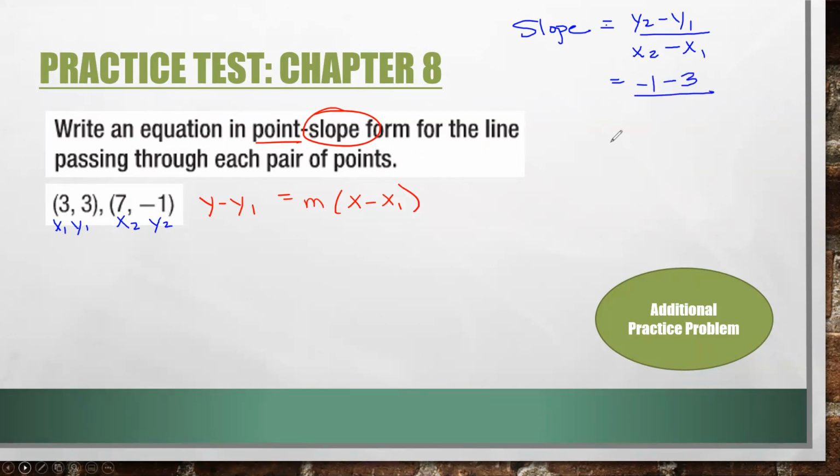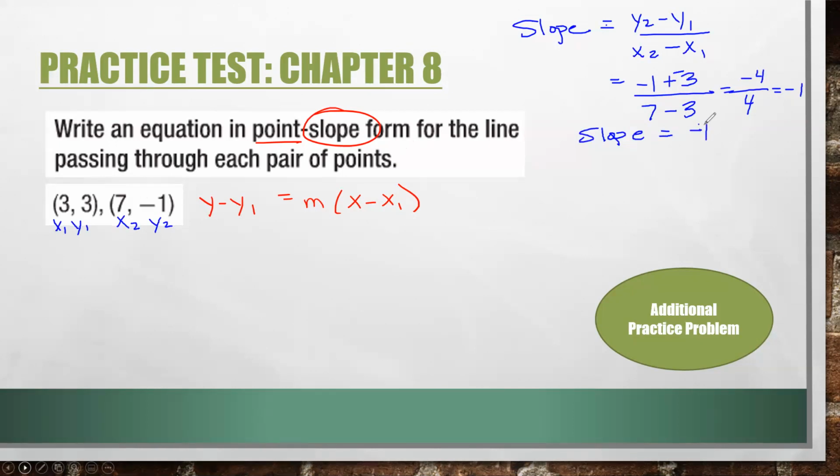And then x2 is 7 minus x1, which is 3. So -1 minus 3, you add the opposite. So this is -1 plus -3, which is -4. And then over here, we have 7 minus 3, which is 4. And -4 divided by 4 is -1. So our slope is equal to -1.